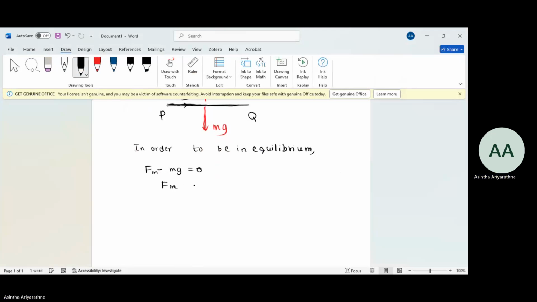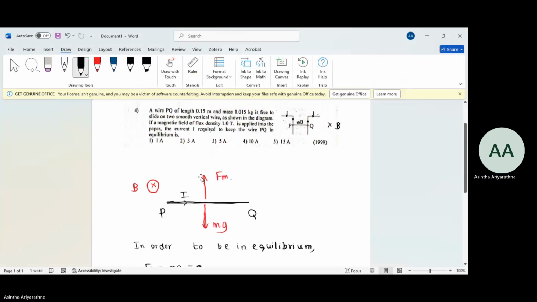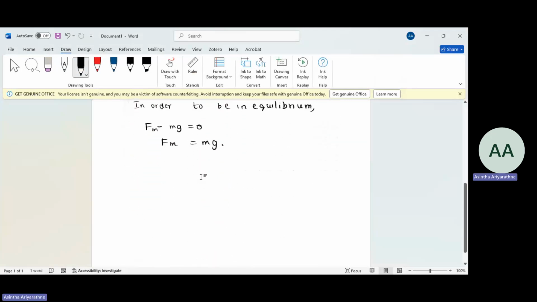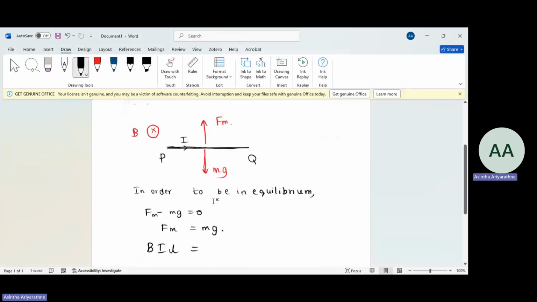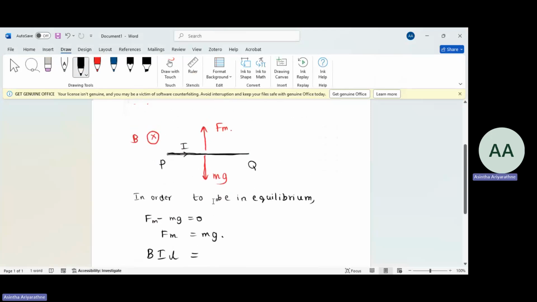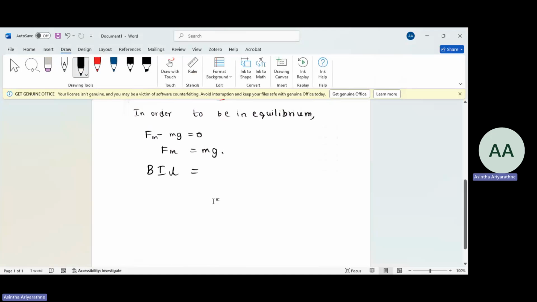So Fm is equal to mg, right? Fm is equal to BIL. And since the magnetic field and the direction of current are perpendicular, you don't have to worry about the sine theta value. So BIL is equal to mg.